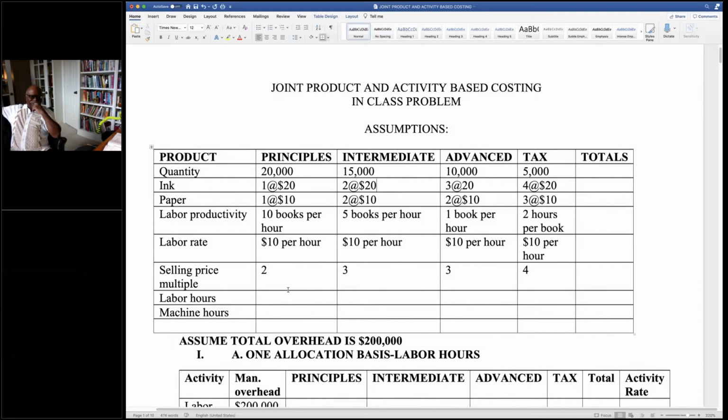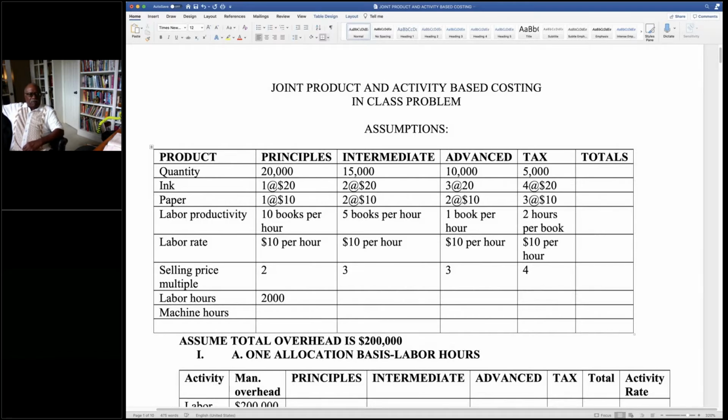So for principals, the quantity is 20,000, and we're going to divide that by how many books we have per hour, because they're able to make more than one book per hour. So from there we get 2,000 for principals.